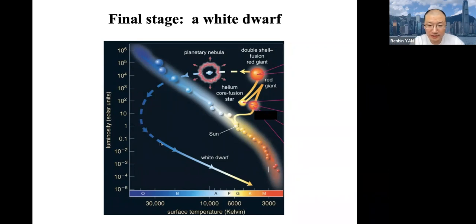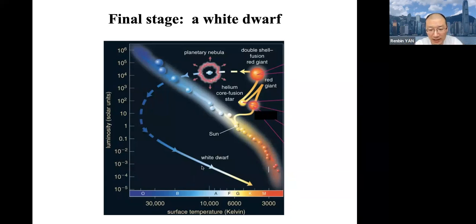So what luminosity will the star continue to make? The carbon core that is left behind is still hot for a long time, right? It was hot when it was inside the star. It was several hundred million Kelvin hot. So the thermal energy that is stored in the star has to be gradually radiated away, and the star will continue to cool down and form a white dwarf.